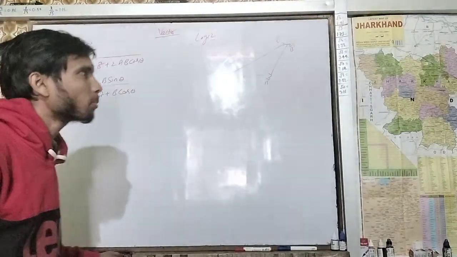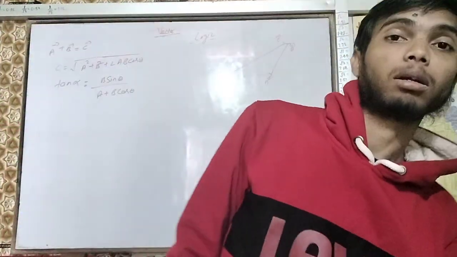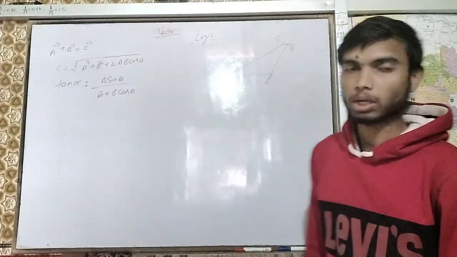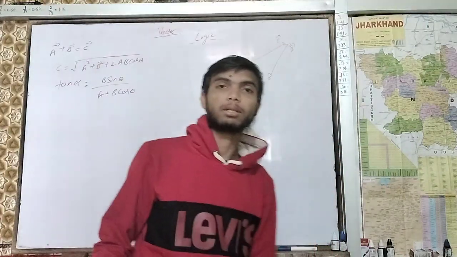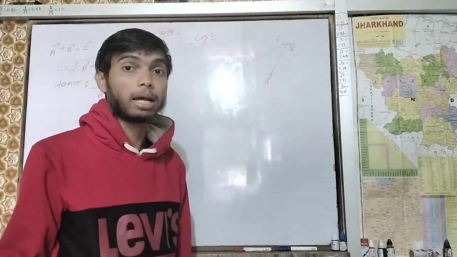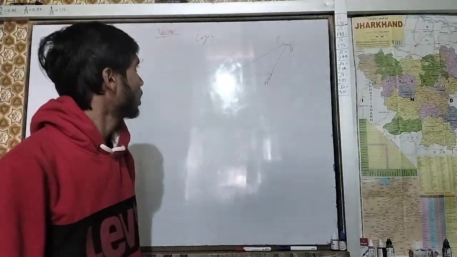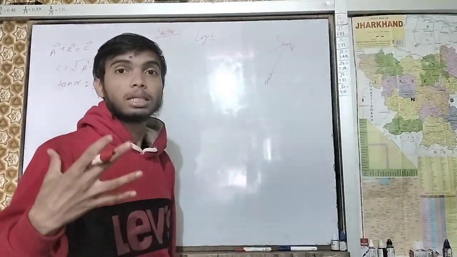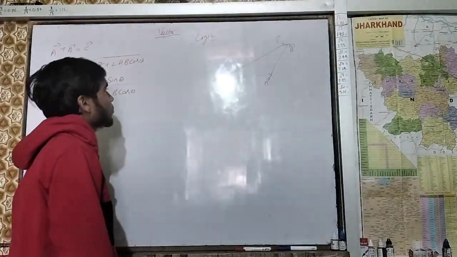As you can see, it is not making a 90 degree triangle, so that we can calculate it by using Pythagoras theorem. We are not getting 90 degree at this angle.